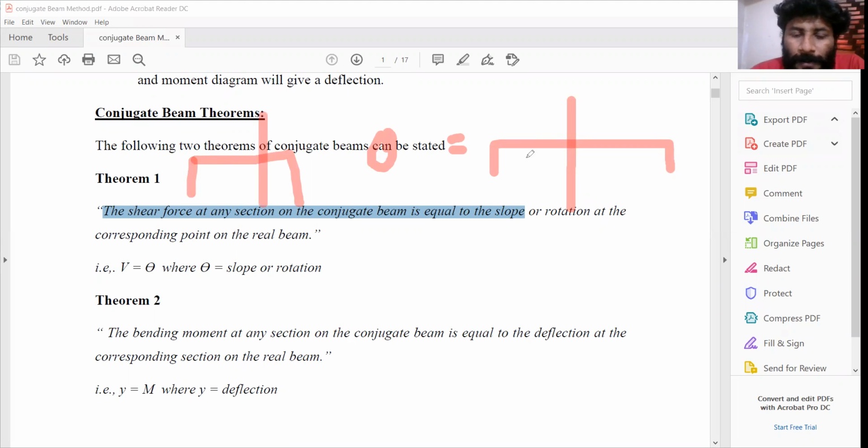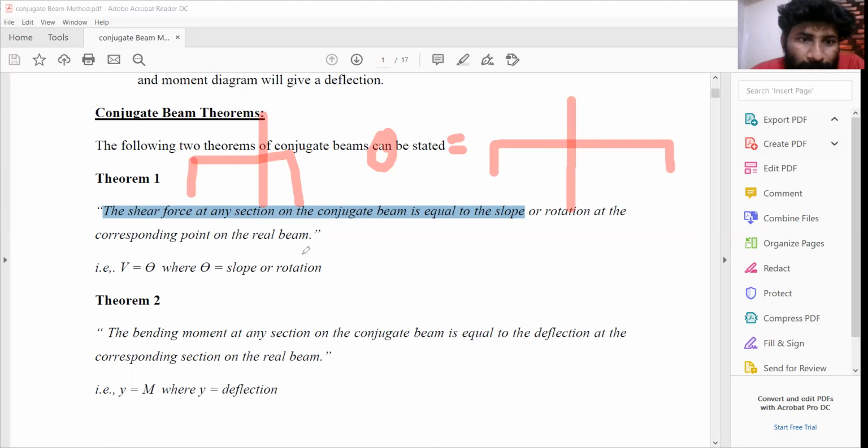Suppose I want to find theta here. First I have to convert this beam to a conjugate beam, and wherever I want to find the theta value, I take exactly the same position, the same section. So I have to find the shear force. The shear force at this section will give the slope at the same section in the real beam.